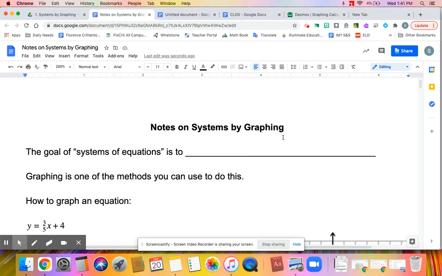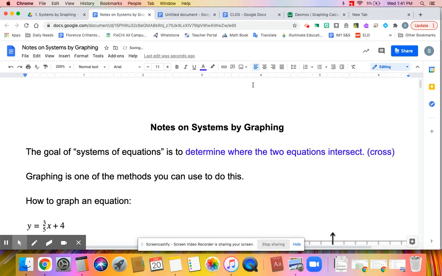So to begin our notes on systems of equations by graphing: whenever you hear the word systems or system of equations, your whole goal is to determine where the two equations intersect. Remember, the word intersect just means cross.